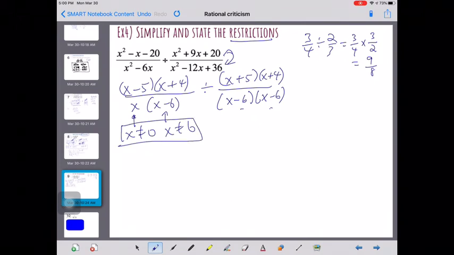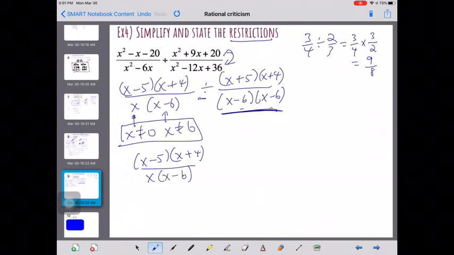We're not done with restrictions yet. Why? Because in the next step, when you divide a rational expression, you have to take the reciprocal. So my next step is to maintain the first rational expression here and then multiply. Now we take the reciprocal. In this case, I'm going to put the square just to simplify that part, and I end up getting this. So now this becomes a multiplication question.